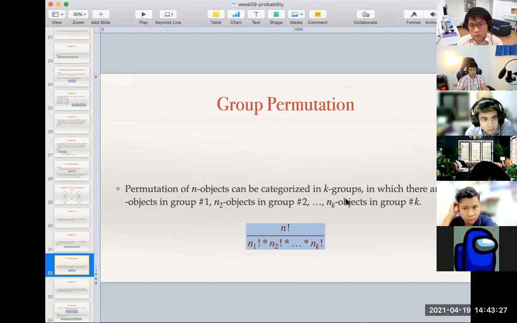The way you compute the permutations of these group permutations is: n, the total number of objects, n factorial divided by n1 factorial multiplied by n2 factorial multiplied by n3 factorial, all the way until nk factorial. This is used if you are asked to count the number of possibilities in a group permutation.